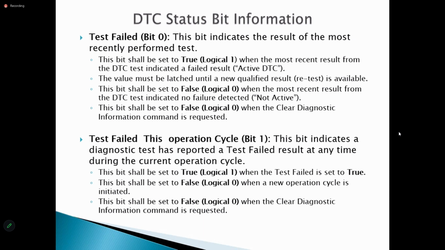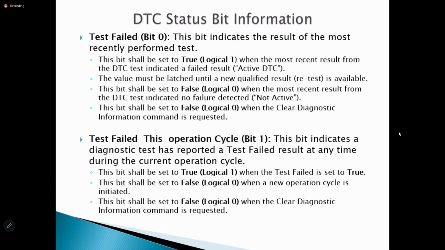So when we turn on the vehicle, you sit in the car, ignition on, right? So when the ignition on is done till ignition off, that will be considered as one operational cycle. It doesn't depend on time.